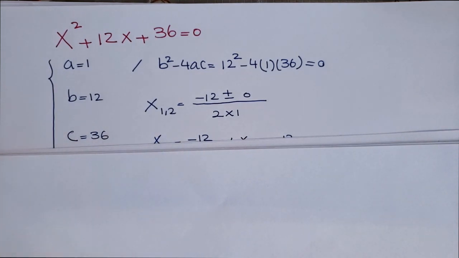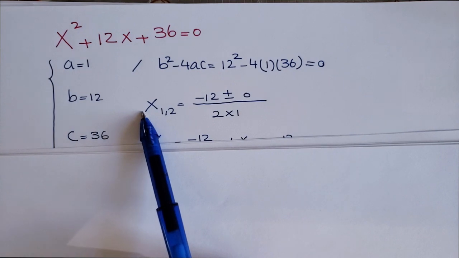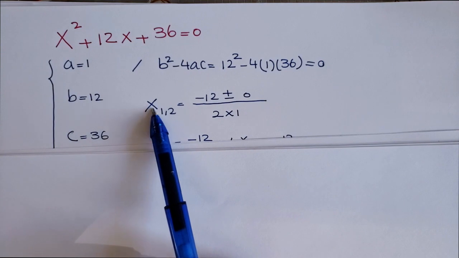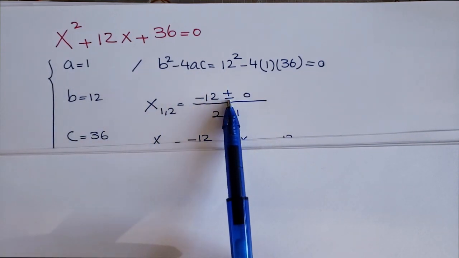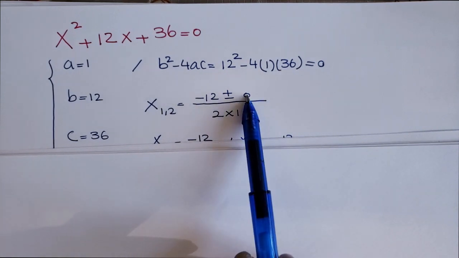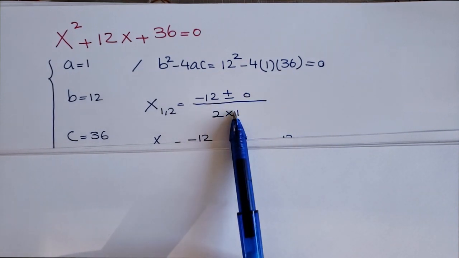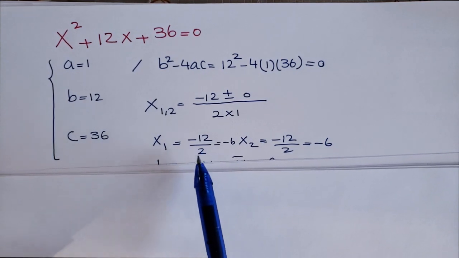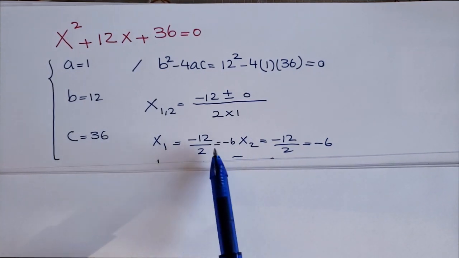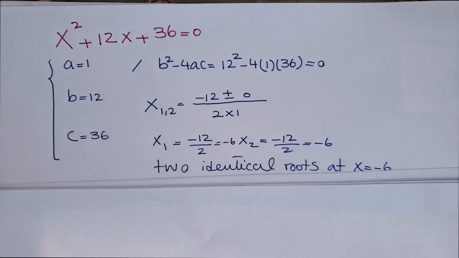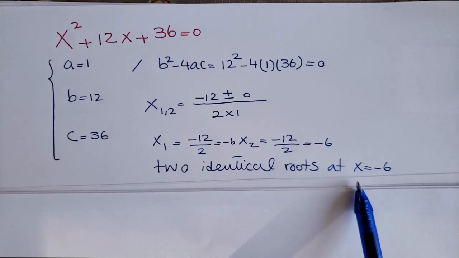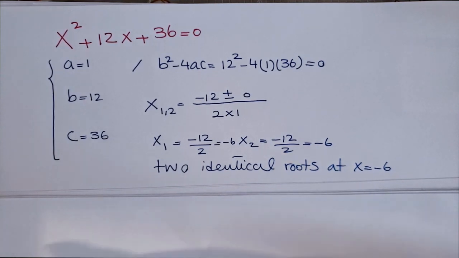Now let's use the quadratic formula to find the value of the roots. So x1 and 2 would be negative b, which is -12, plus and minus the square root of the discriminant value, over 2 times a. And after simplification, we find the 2 roots to be exactly the same, both at -6. And this is exactly what we expected, 2 identical roots, which both of them are located at x equal -6.